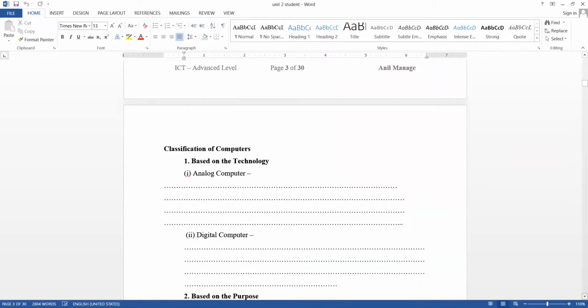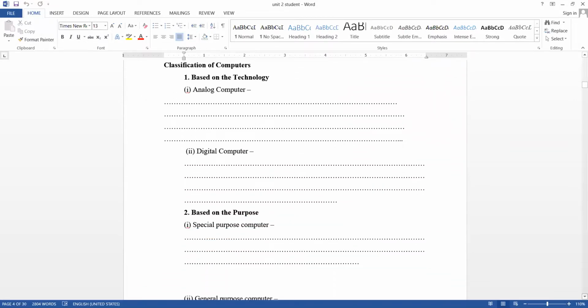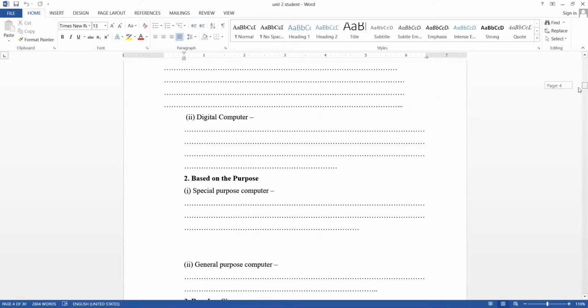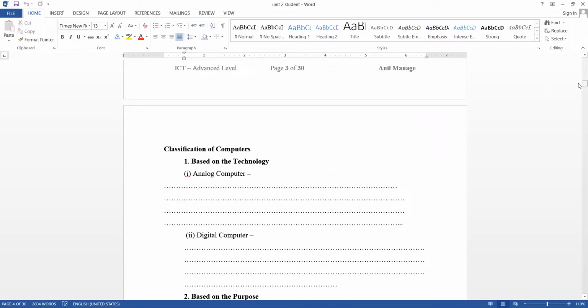Then we'll go to classification of computers. I will explain that.